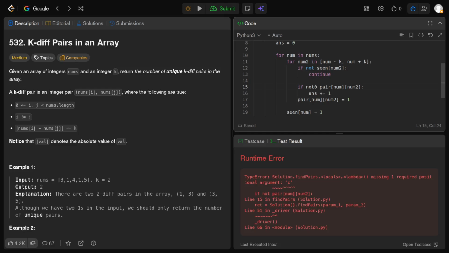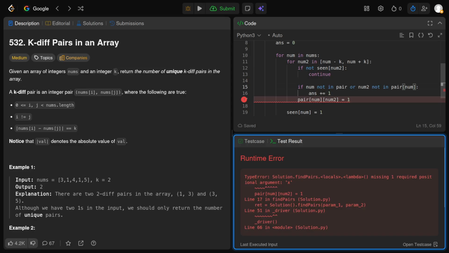If pair not, no, num not in pair or num2 not in pair, num. Ooh, that sucks.